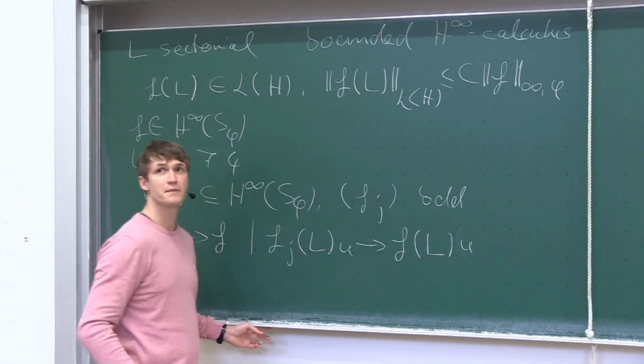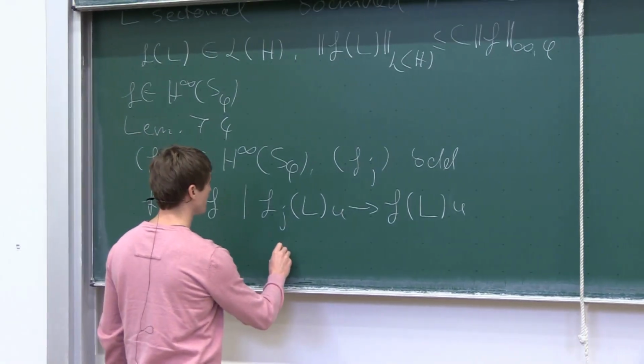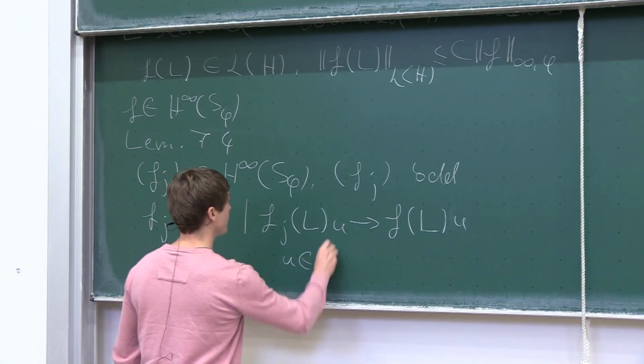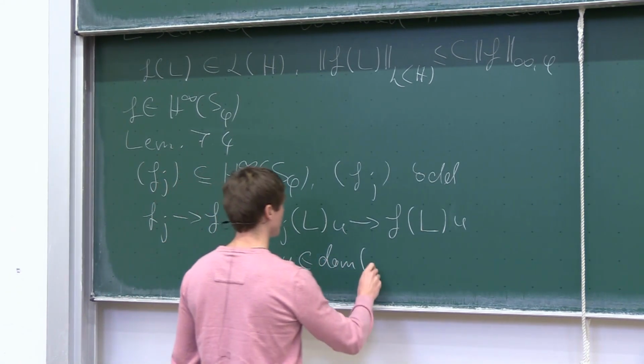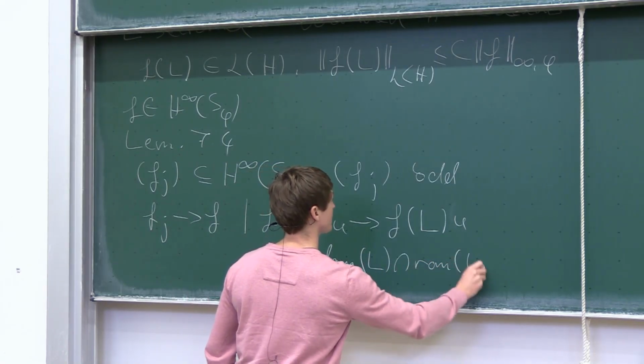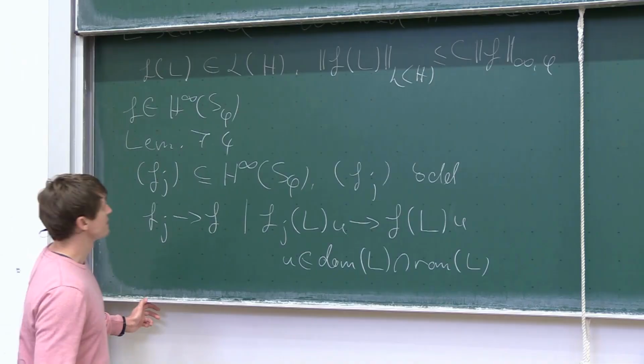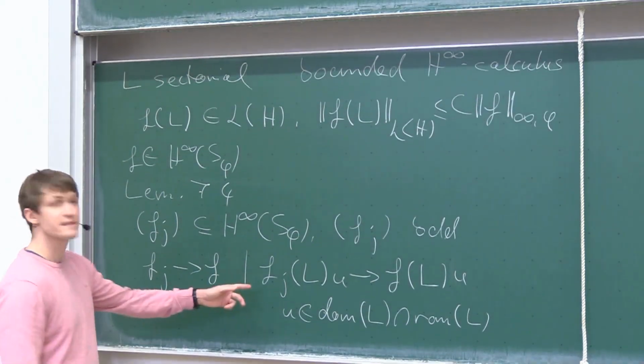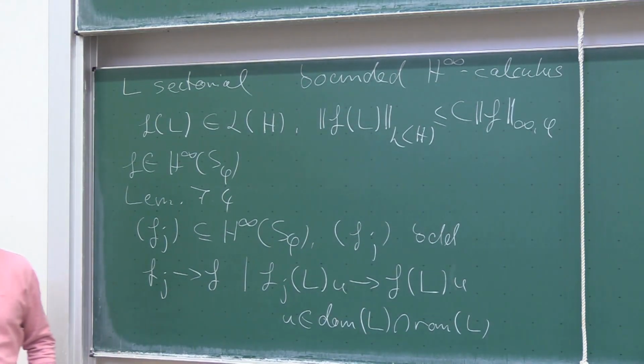And the convergence here we proved was for u in the domain of L intersected with the range of L. And as an assumption, we needed that L is an injective sectorial operator.